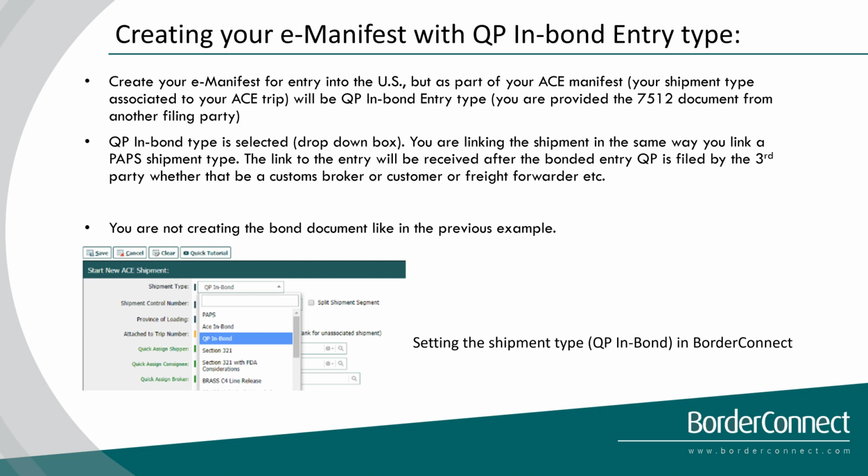You would have a trip number, a truck, a trailer, a driver, and then your shipment type would be QP in-bond. And it would ask you questions that are going to be different than if you were creating the 7512 document yourself. The 7512 information is already on file and is going to link through that manifest. And again, Justin's going to show some of that as we do the demonstration.